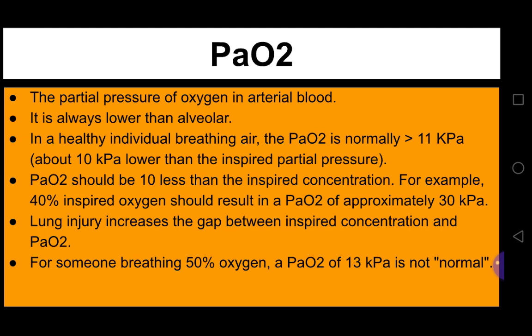When assessing PaO2, as a rule of thumb, it should be numerically 10 less than the inspired concentration. For example, 40% inspired oxygen should result in a PaO2 of approximately 30 kPa.